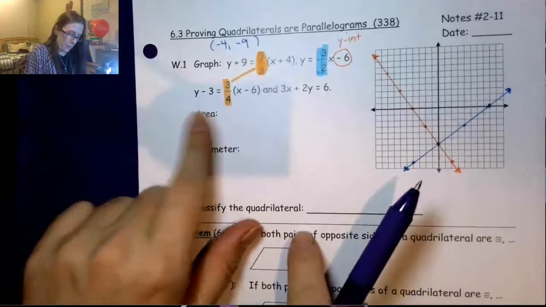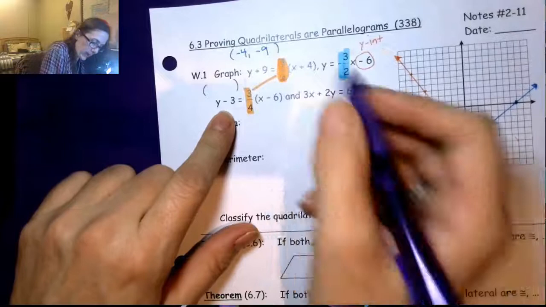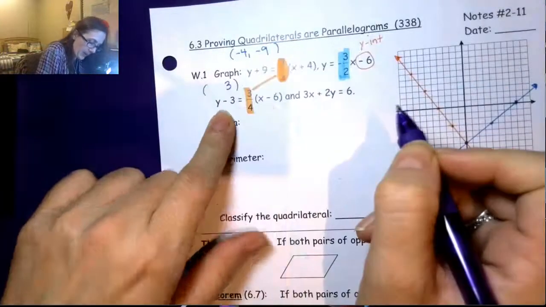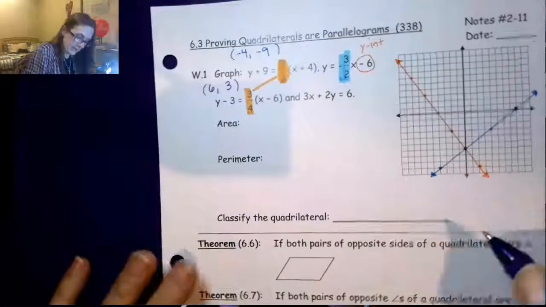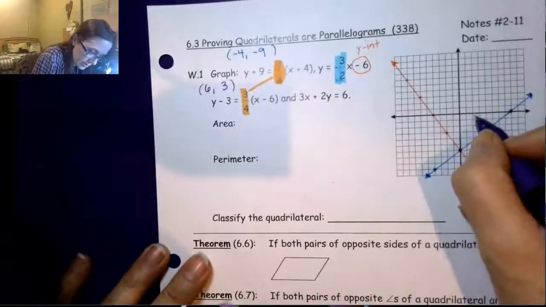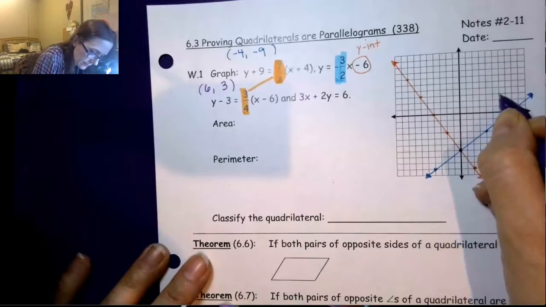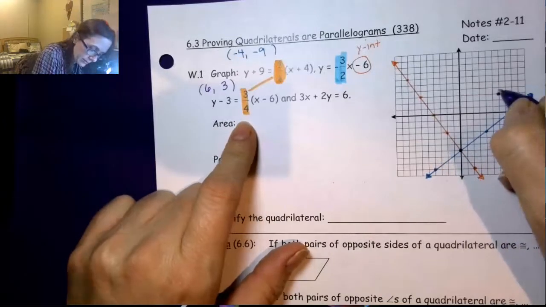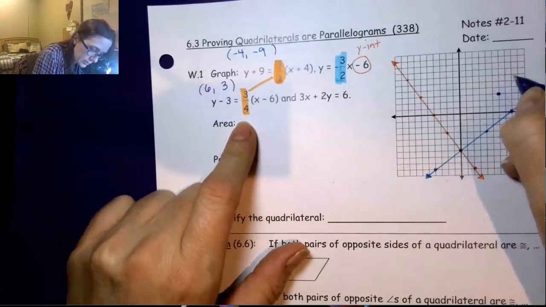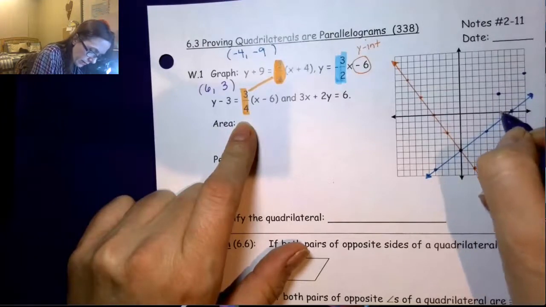Again, this is in point slope form, so I want to pick out my point. Remember, the opposite of y would be +3. Opposite of x will be +6. I'm going to start this at 6, 3, which will be 1, 2, 3, 4, 5, 6, up 1, 2, 3. This slope again is up 3, over 1, 2, 3, 4, or I could go down 3, back 4.